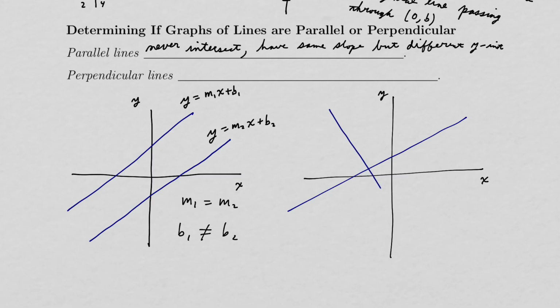It's hard to draw this exactly. So in other words, in this case right here, this angle is a right angle, right? It's 90 degrees. Okay, so they would intersect. They're perpendicular if they intersect to form a right angle.